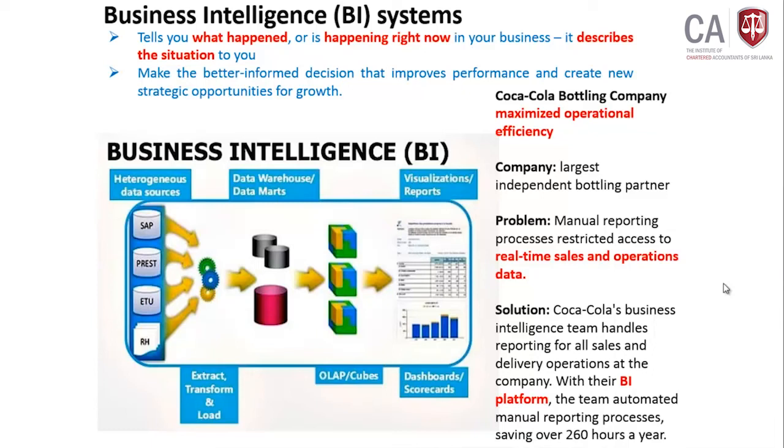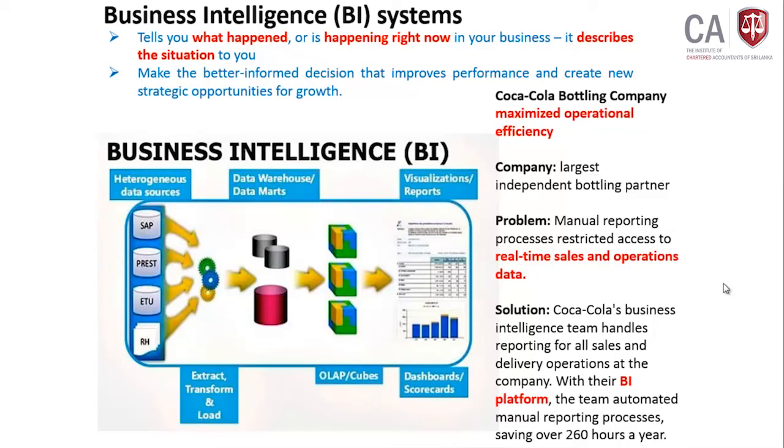Let's say in Sri Lanka they have hundreds of factories and locations selling the products. So, you need the amount of sales that you do in a day after 6 p.m. Management will be reviewing those reports. So, it was not happening earlier in real time, right?